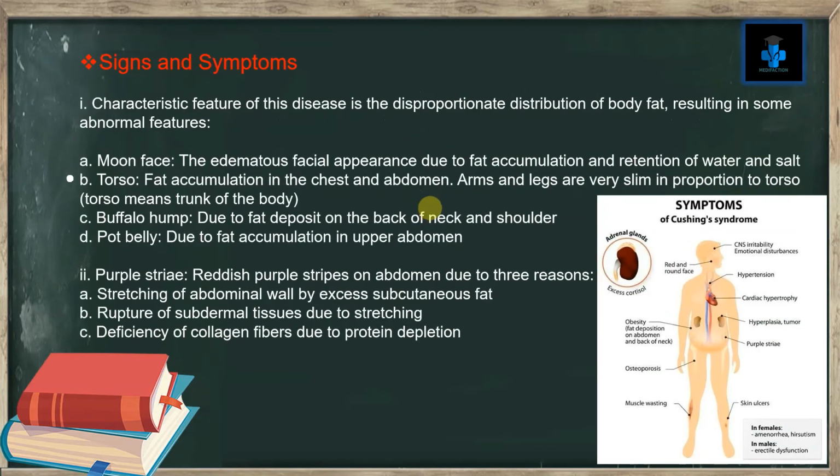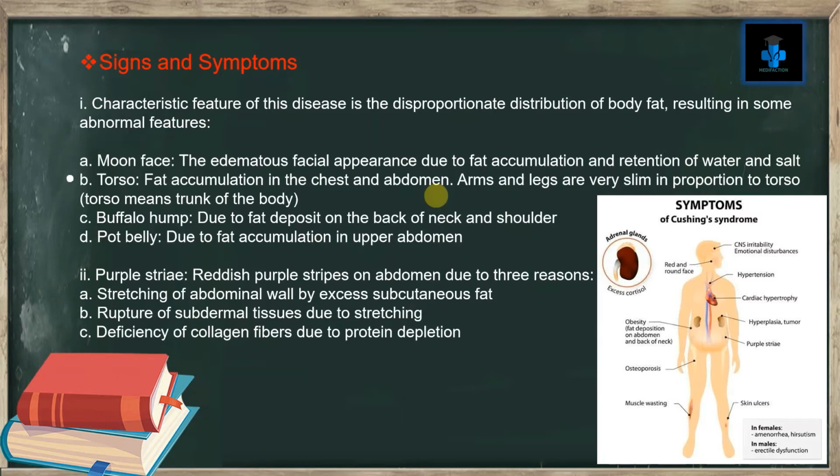Signs and symptoms. Number 1. Characteristic feature of this disease is the disproportionate distribution of body fat, resulting in some abnormal features. A. Moon face. The edematous facial appearance due to fat accumulation and retention of water and salt. B. Torso.